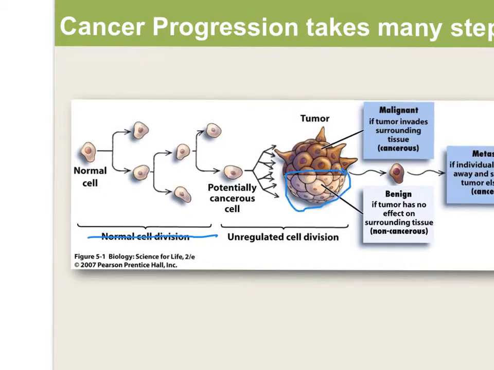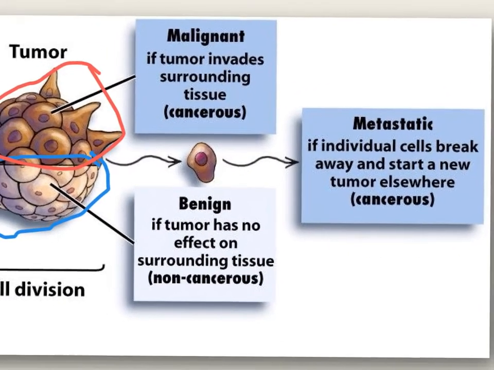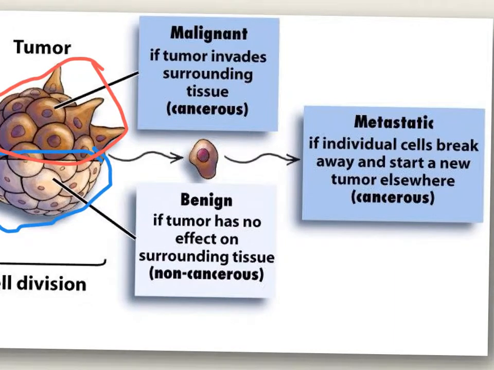This is a benign tumor, and this up here is a malignant tumor, a cancerous tumor. Okay? Okay. And then benign, no effect on surrounding tissue. Malignant, yes. And then finally, metastatic. Does a malignant tumor generate cells that are able to travel all throughout the body?